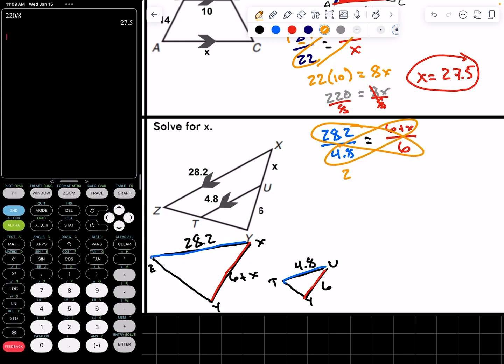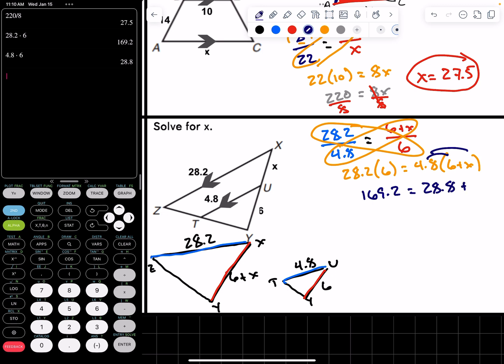So we have 28.2 times 6 equals 4.8 times 6 plus x. Okay, what we can do now is we can multiply 28.2 times 6. That's going to equal 169.2, and then we distribute 4.8 times 6 equals 28.8 plus 4.8x.